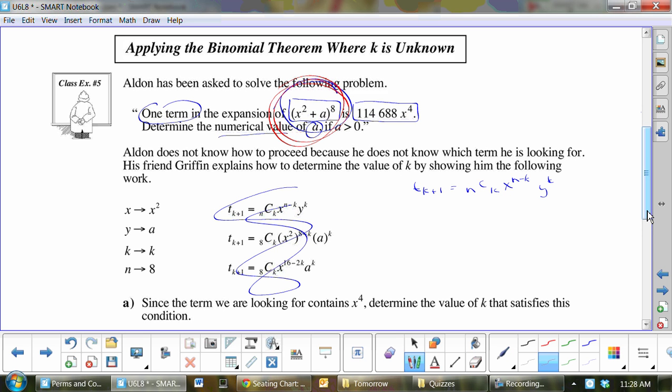No, I don't, so I'm going to have to leave that there. Do I know n? Yes, it is 8. 8Ck. What is x? In this case, it will be x squared. And I do know n, so I'm going to go 8 minus k. What is y?